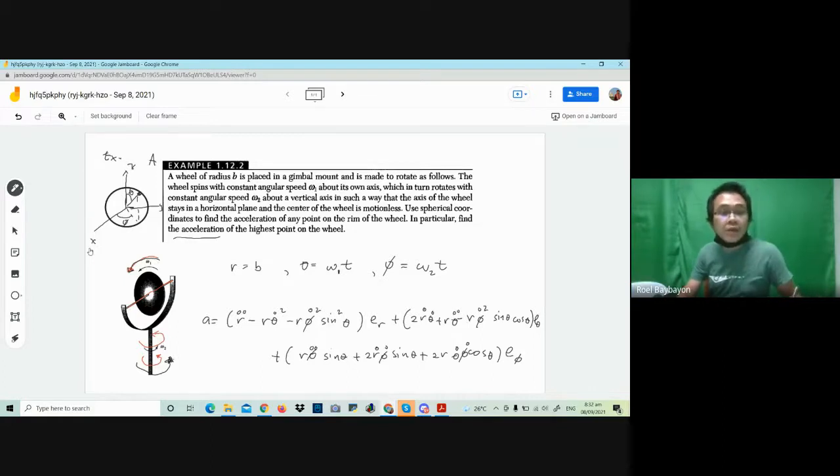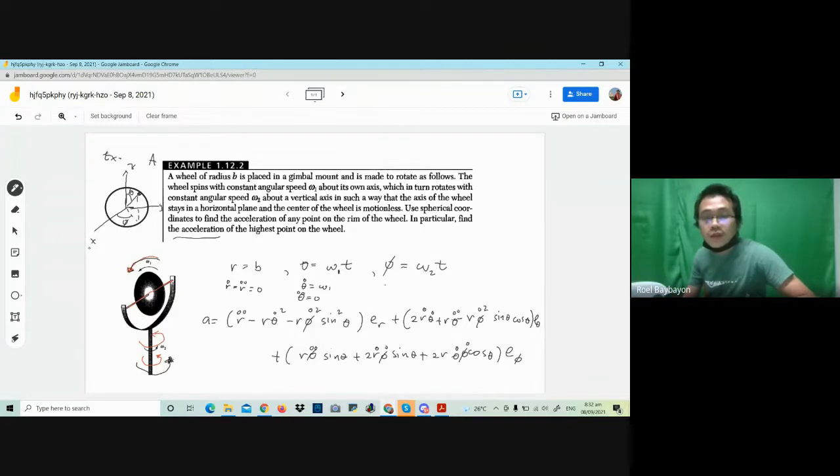Okay, these terms become zero because r is constant, so therefore r dot is also equal to r double dot, which is equal to 0. And then theta dot is equal to omega 1, while theta double dot is equal to 0.